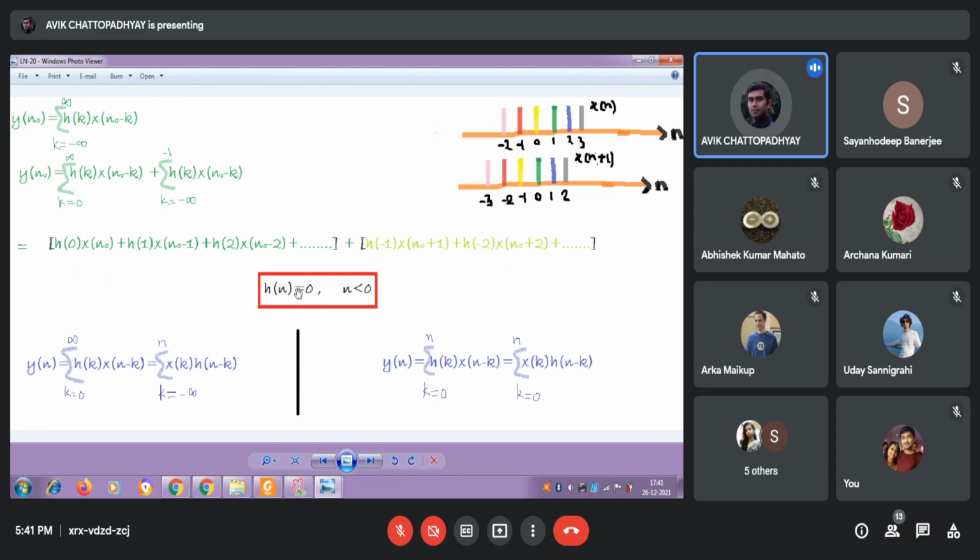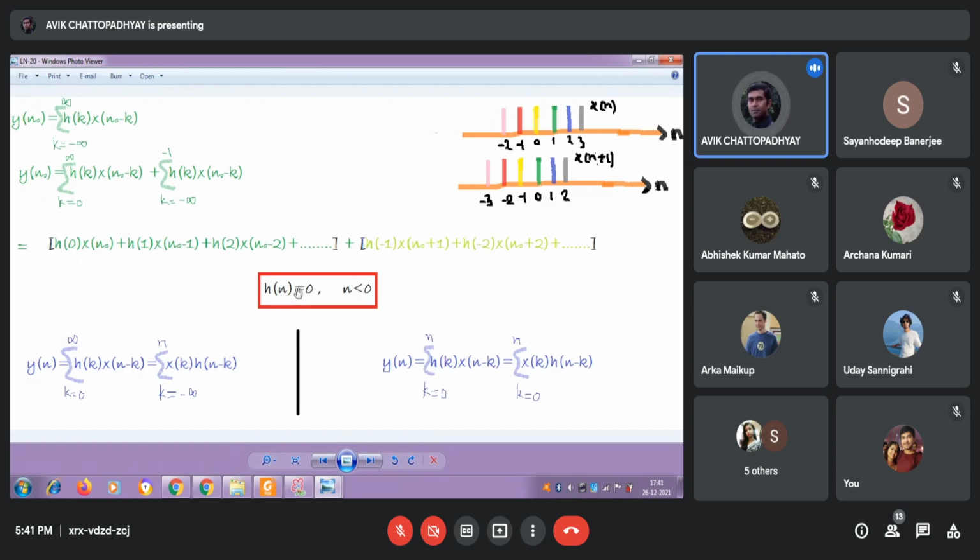For example, what I'm trying to mean by necessary and sufficient: suppose for the case of a linear system, what is the necessary condition? The necessary condition is that it has to satisfy the homogeneity principle.